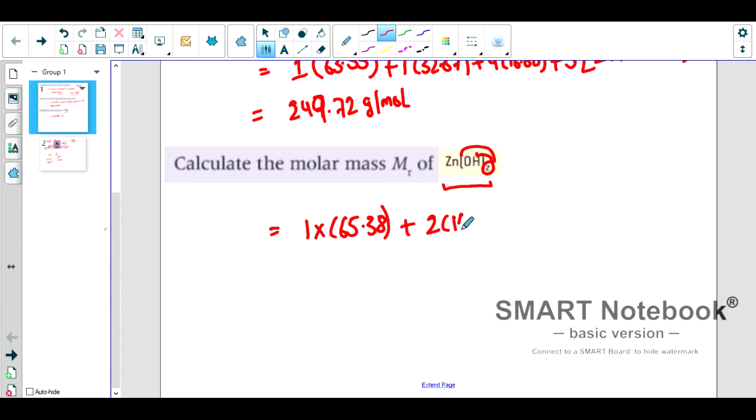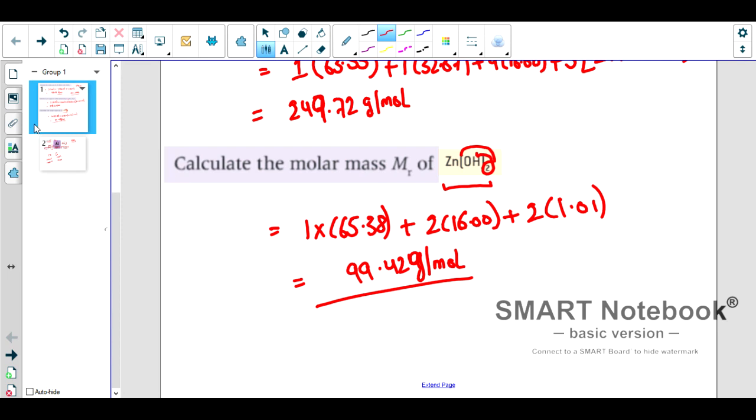So 2 times 16, the mass of oxygen, plus 2 times 1.01. Always use 2 digits after the point so that you don't have any problem with significant figures. So you will get around 99.42 grams per mole.